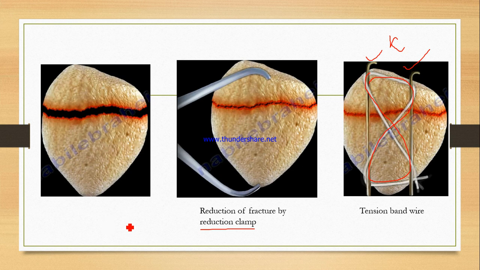That time you definitely have to do surgery, and by applying the reduction clamp, you have to reduce the fracture. Then you have to apply the K wire, these two K wire pins. Then you have to apply the figure 8 tension band wire for the compression.